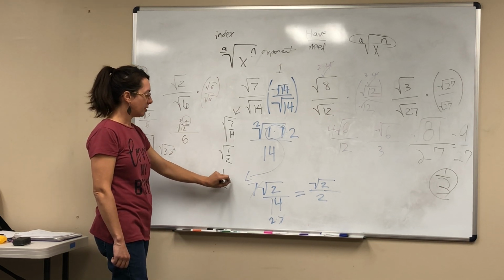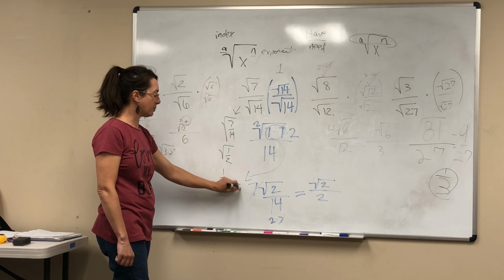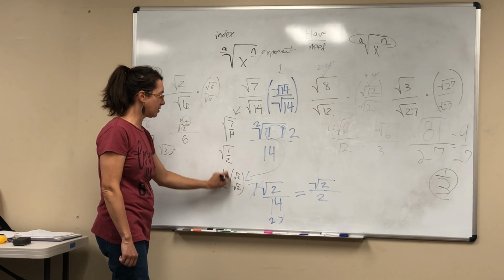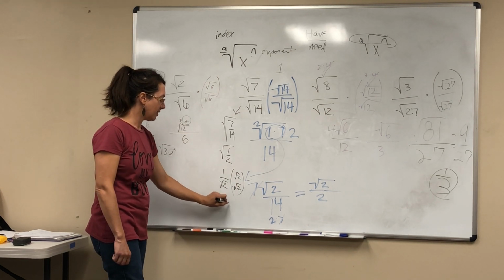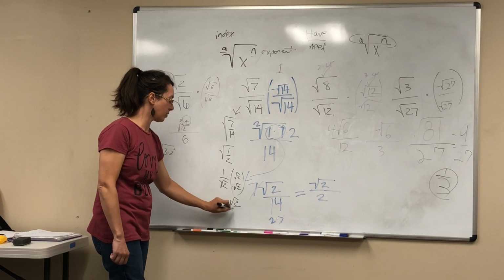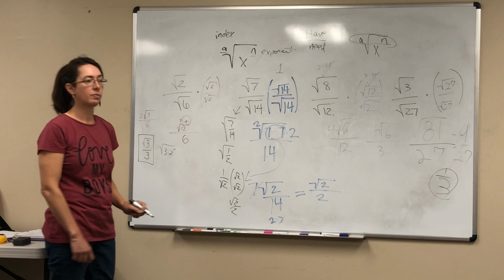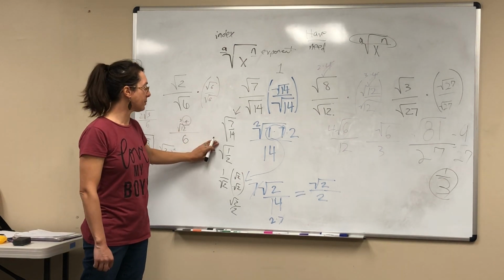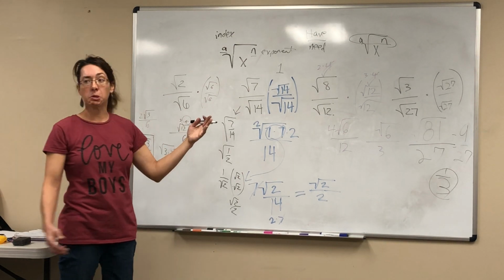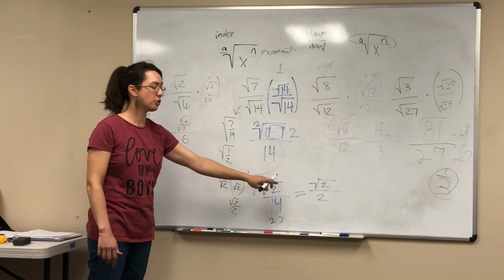So then you need to multiply the bottom. So there's our answer, square root of 2 over 2. Okay, same thing. Sometimes it works to go ahead and simplify in the first place. Sometimes it doesn't. Doesn't matter. Both ways get you the same answer.